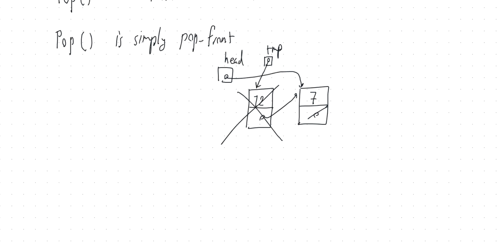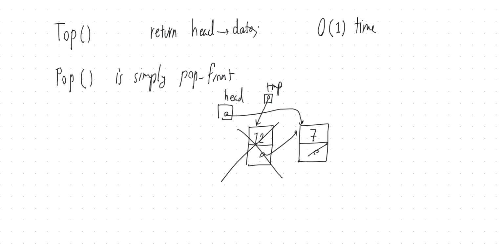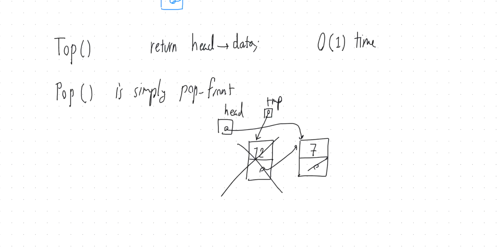Again, you'll see that all of this is independent from how many nodes we have. It's independent from n, which is the number of nodes or the number of elements currently in the stack. And as a result, pop is also constant time in this implementation. Again, if head is null, that's a special case that you have to deal with separately.